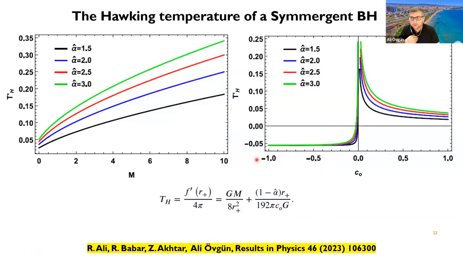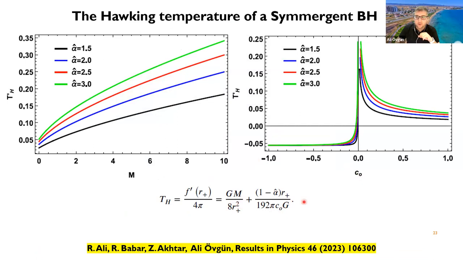After that, we show that we can also observe the Hawking temperature and the effect of the generalized uncertainty principle on this Symmergent black hole. So here you can easily see how the alpha and C0 terms change the Hawking temperature clearly, because alpha is here and C0 is here, so it is different from the Schwarzschild case, of course.